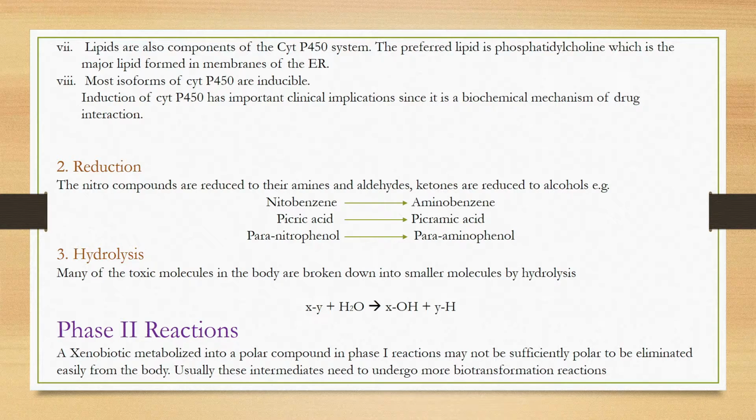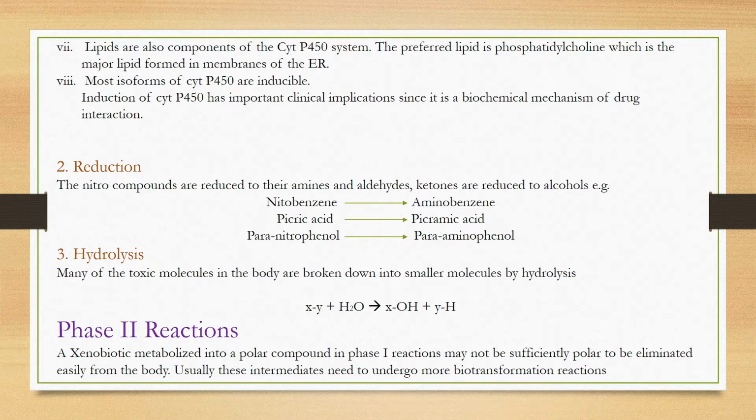Now come to the phase 2 reactions. A xenobiotic metabolized into a polar compound in phase 1 reaction may not be sufficiently polar to be eliminated easily from the body.